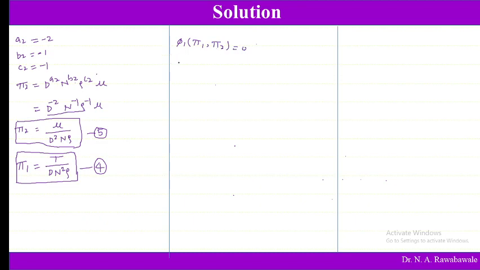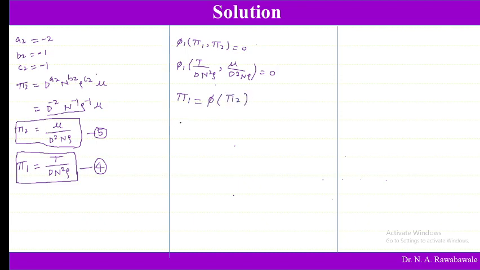According to this, we can write phi1 is a function of t divided by d n square rho, then mu divided by d square n rho, is equal to 0, or we can write this as pi1 is a function of, according to equation number 1, psi of pi2.